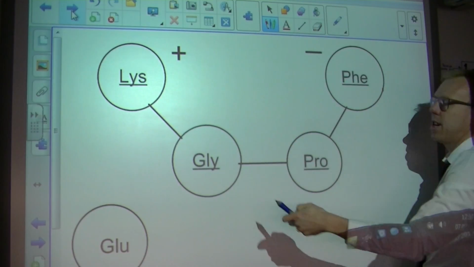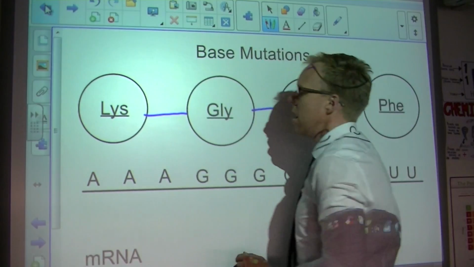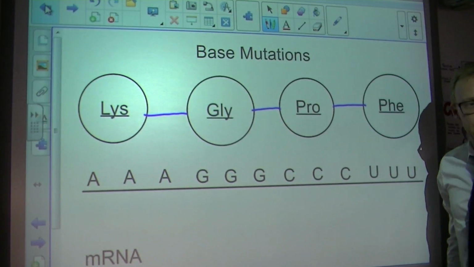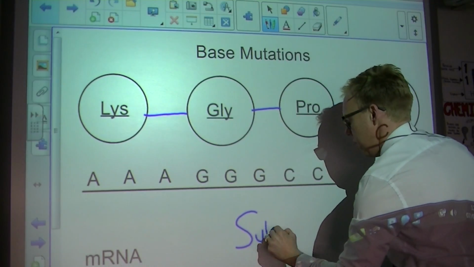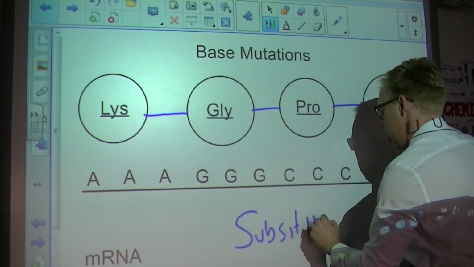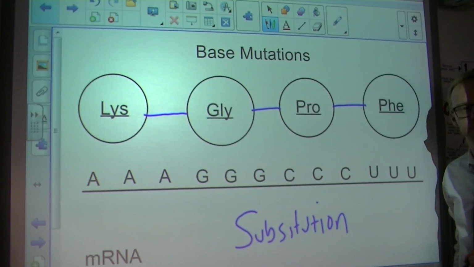Alright, now I want to go back and show what could happen. Because I want you to imagine, and there are set types of mutation. I'm going to do the first one first. The first one is a substitution. Alright?